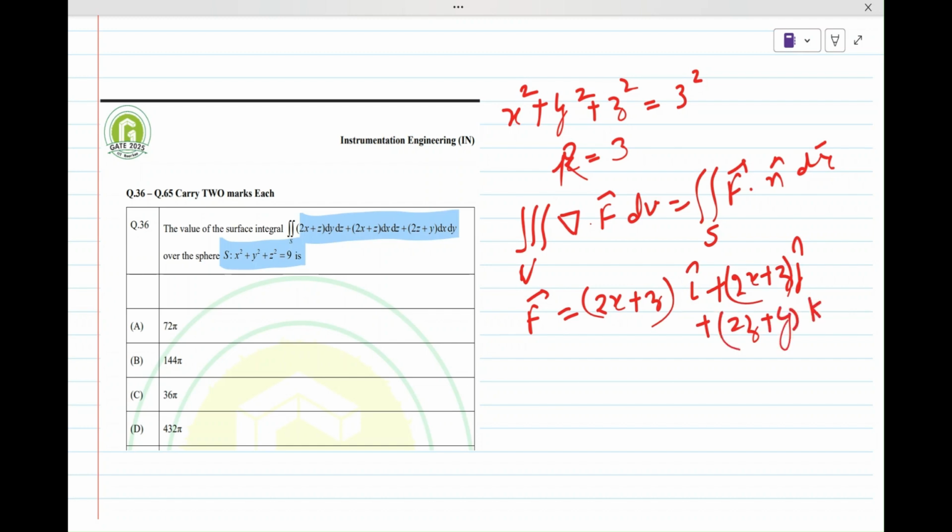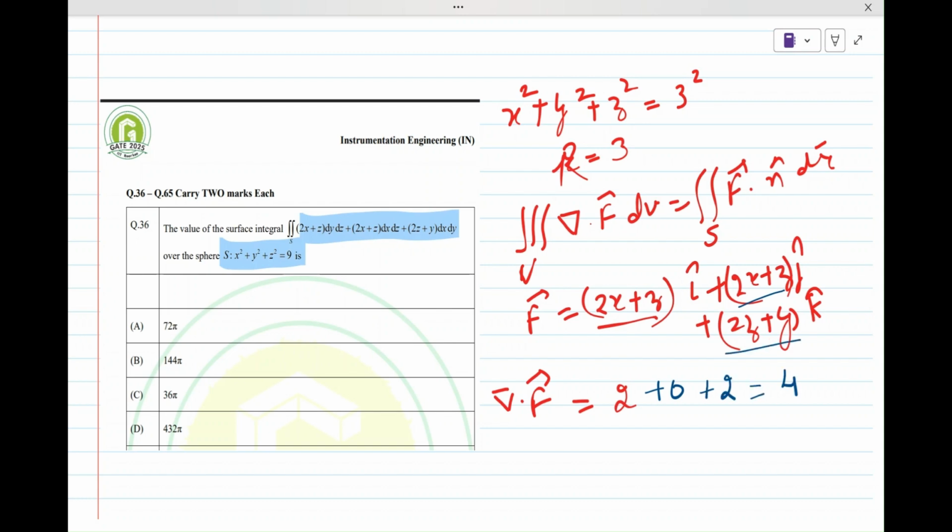Now its divergence, del dot vector f, means the coefficient of i cap with respect to x, j coefficient with respect to y, k coefficient with respect to z. We are going to take the partial derivative. So with respect to x, it gives you 2. With respect to y, it is 0. With respect to z, again 2.